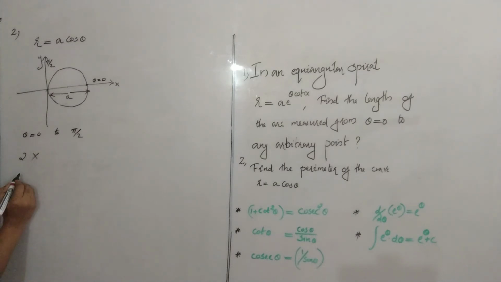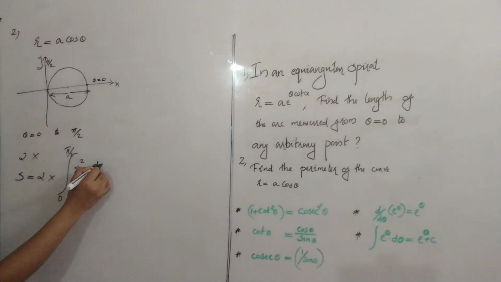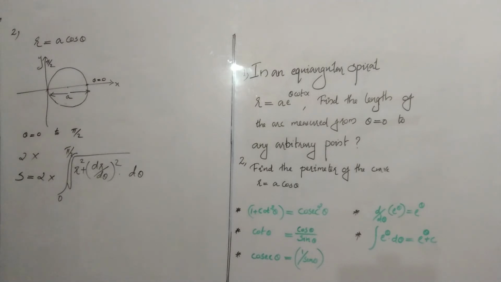So S is equal to 2 times integral of 0 to pi by 2 root of r square plus dr by d theta square into d theta.